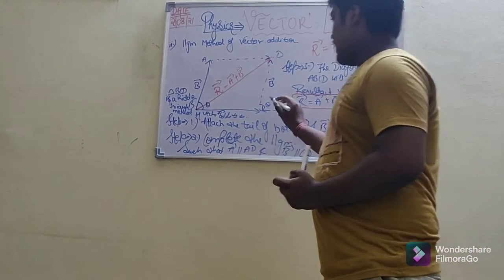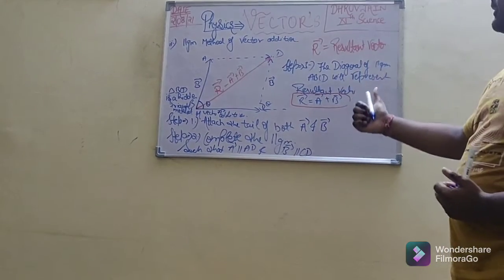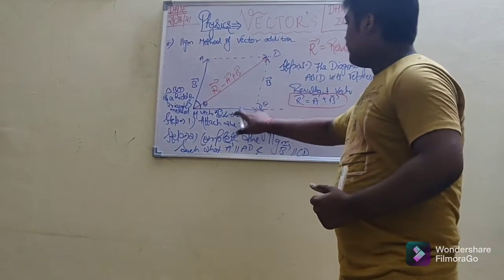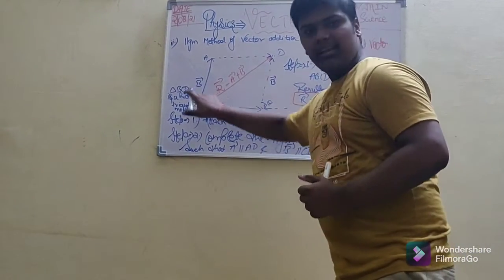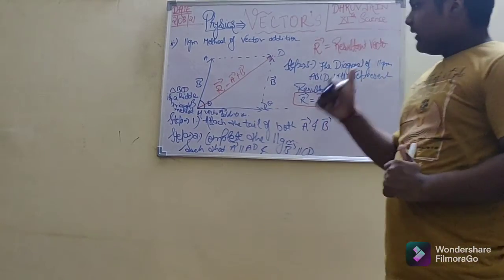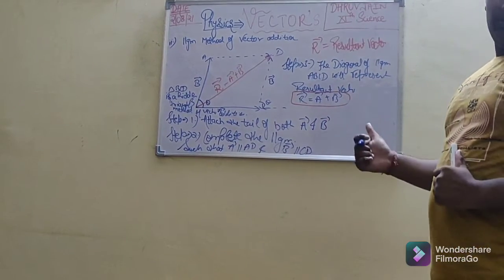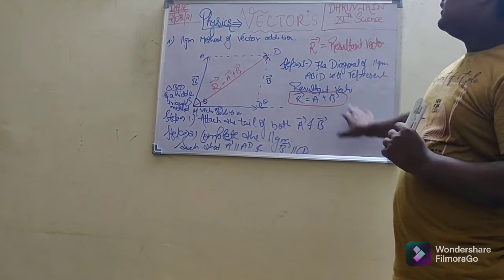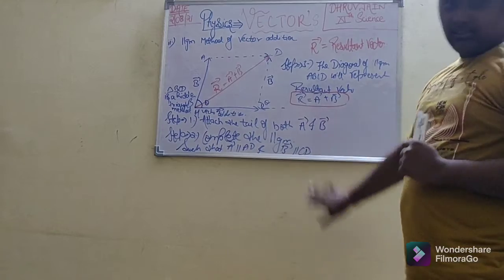So now I will tell you the analytical method by which you can easily, if you have theta and the magnitudes of A and B, simply find out the magnitude of the resultant vector and the direction of the resultant vector. It is very easy. Now let us move to that method. I think you have understood this.